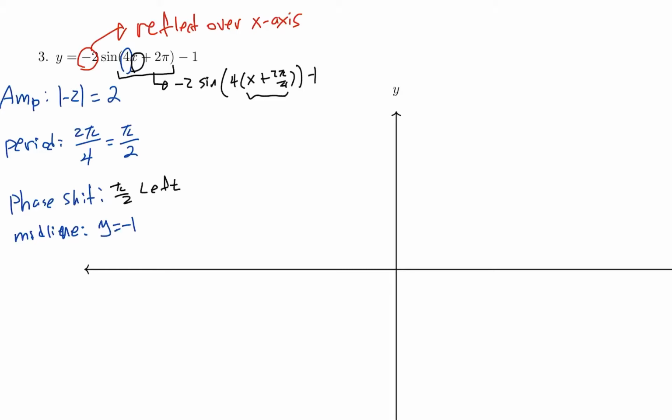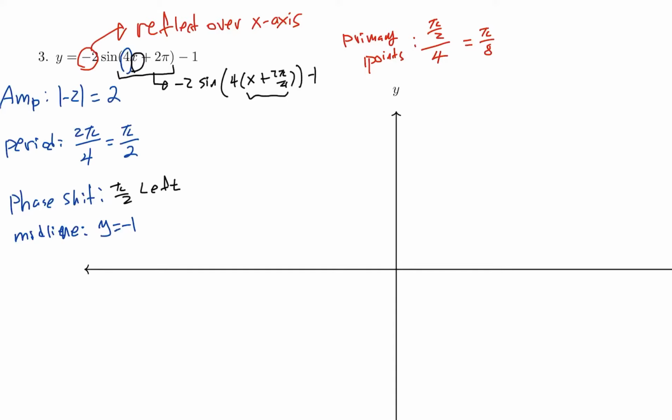Let's find the primary points. Again, primary points are just a tool to help us sketch this graph. The period is pi over 2, divided by 4, which gives me pi over 8.